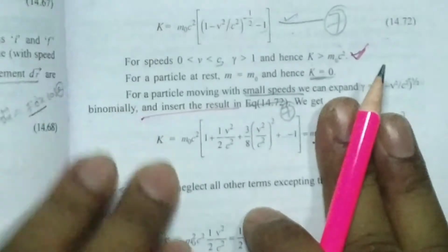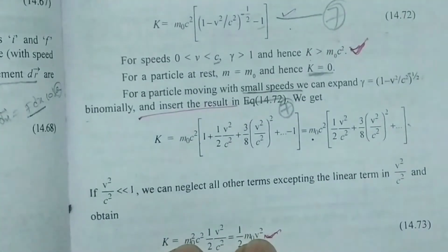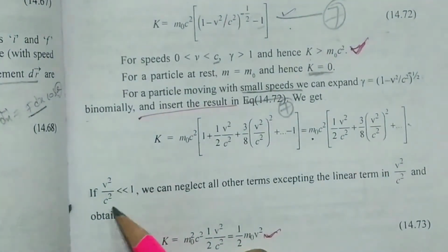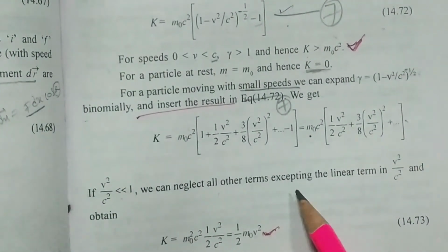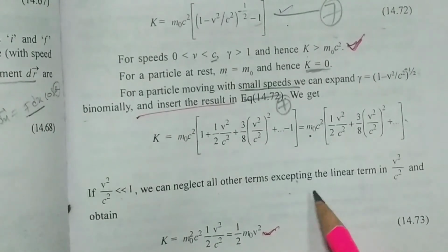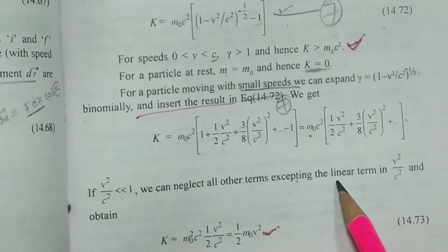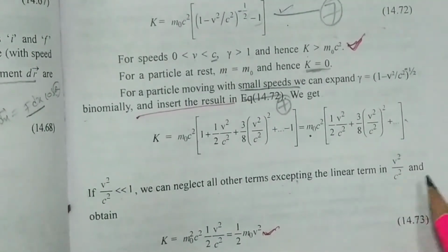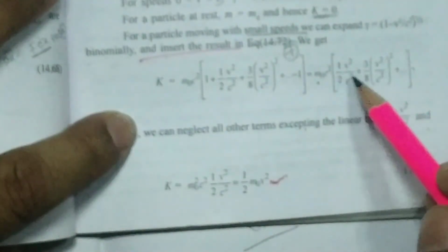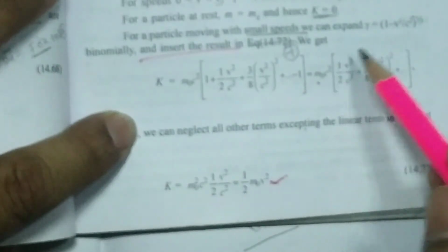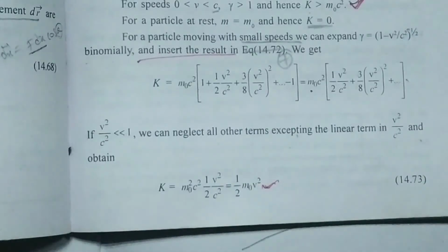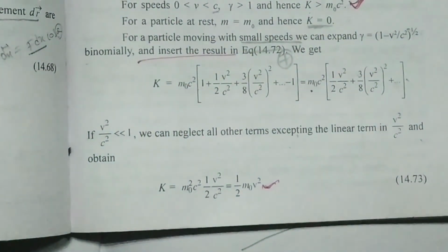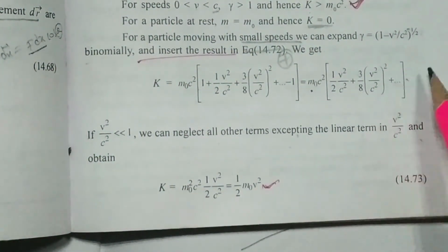Okay, same thing has been written. If v square by c square is less than 1, we can neglect all the terms excepting the linear term in v square by c square. For k, only the first term we have to consider, and other higher terms are going to be neglected.